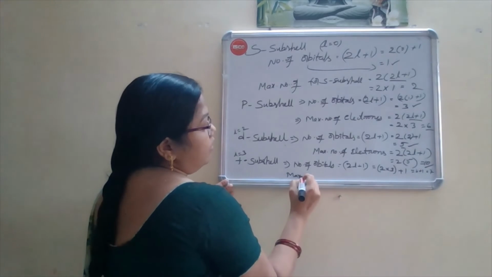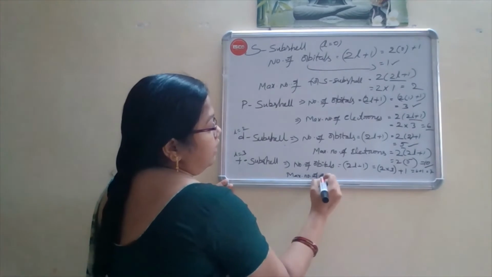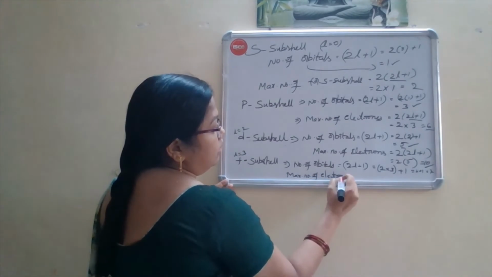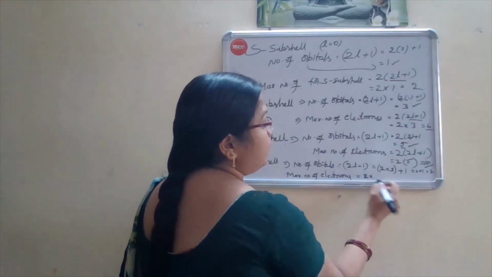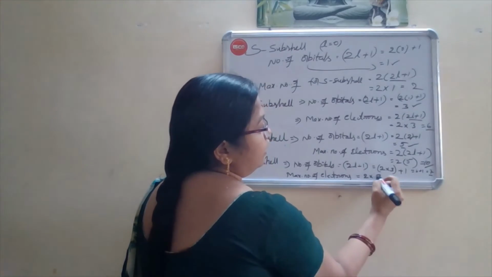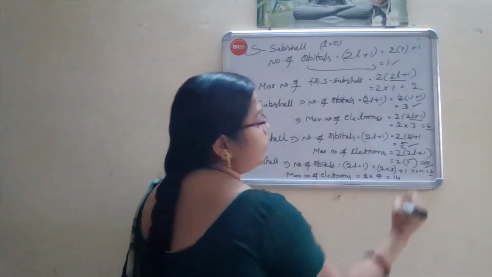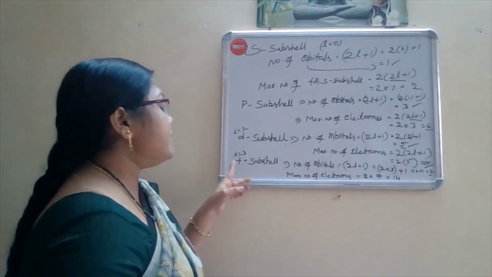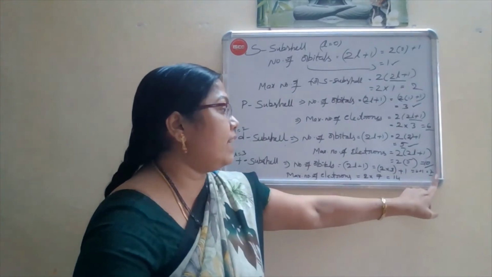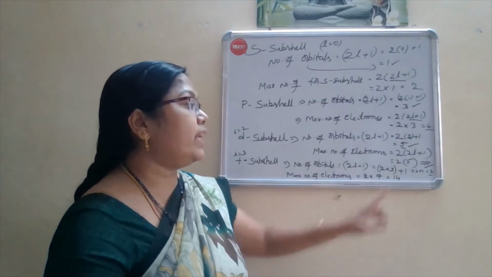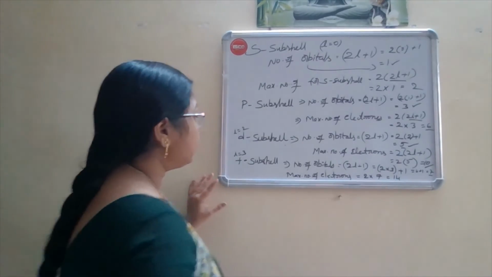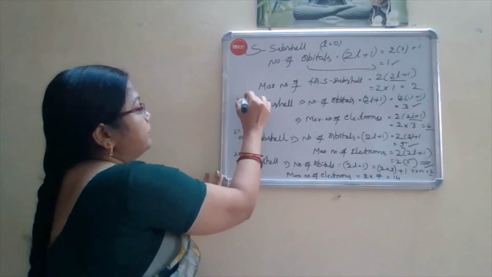Maximum number of electrons: 2 into 2L plus 1 value 7, that is equal to 14. F subshell has 7 orbitals. These 7 orbitals contain 14 electrons. Is that clear?